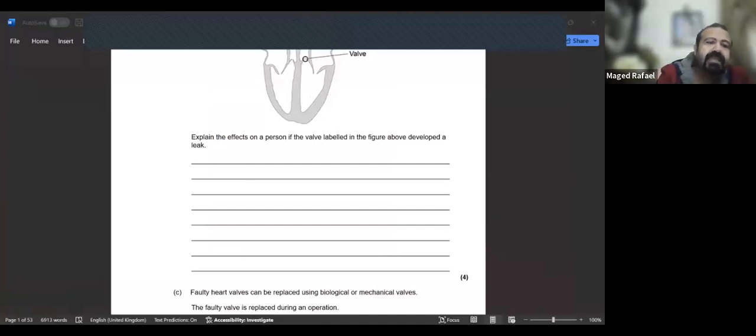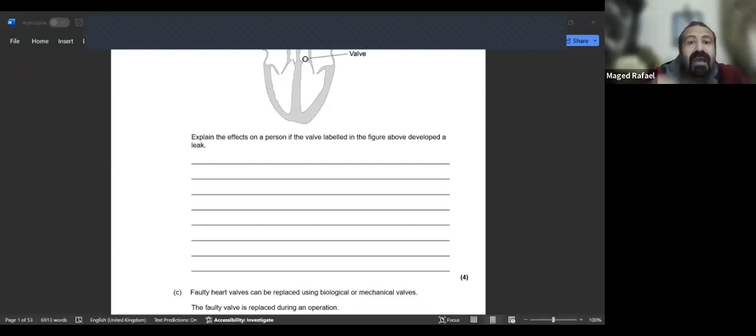You need to mention that some blood would flow back into the ventricle and will not leave the ventricle. So less oxygenated blood will be pumped to the rest of the body, less respiration, less oxygen required, and the person would become out of breath because lactic acid will build up, because less energy is transferred to the rest of the body.